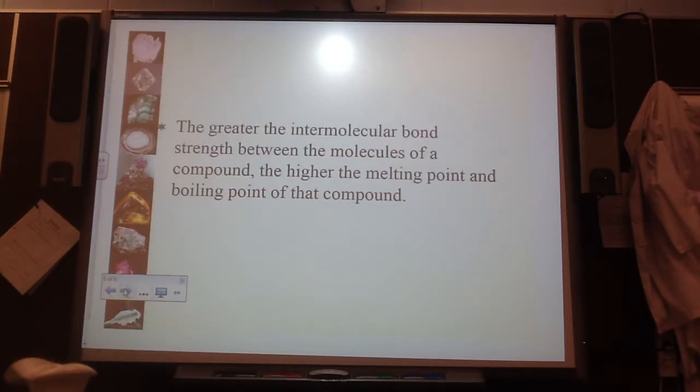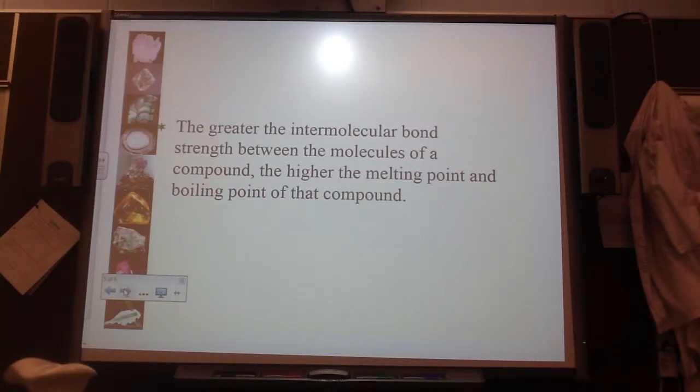All right. So, this is our main conclusion: the greater the intermolecular bond strength between molecules of a compound, the higher the melting and boiling point of that compound.